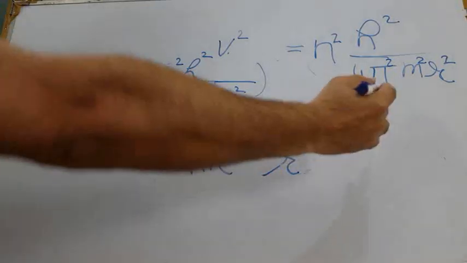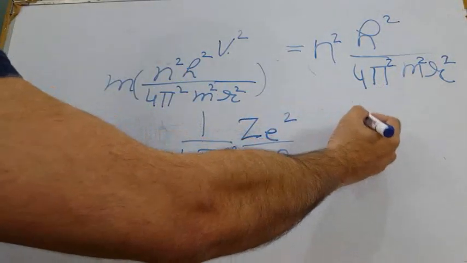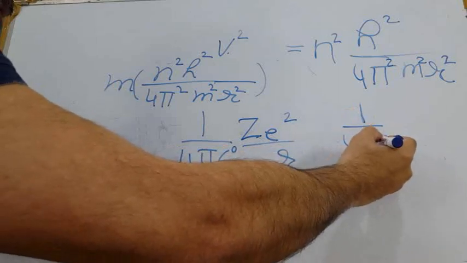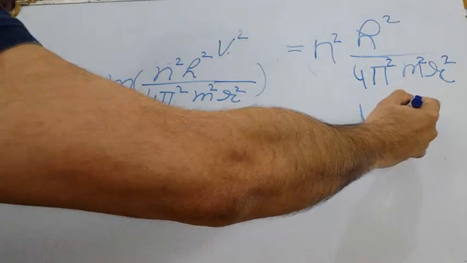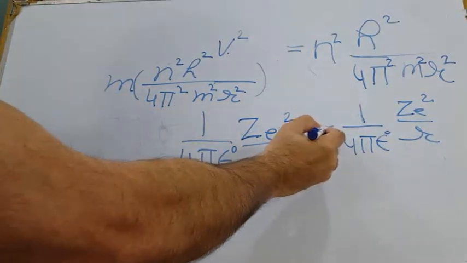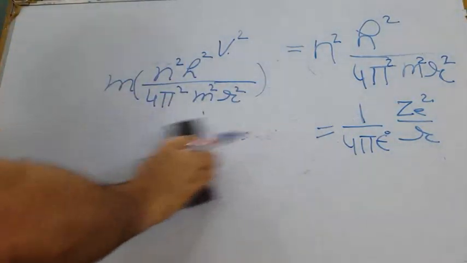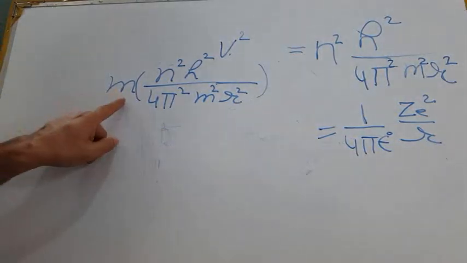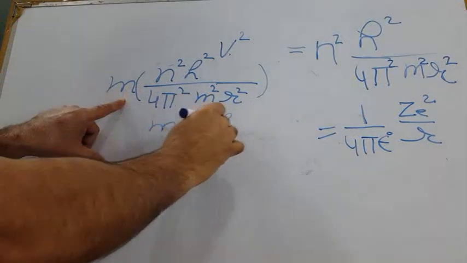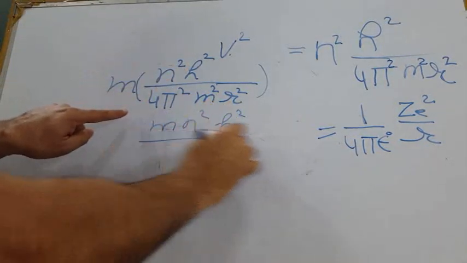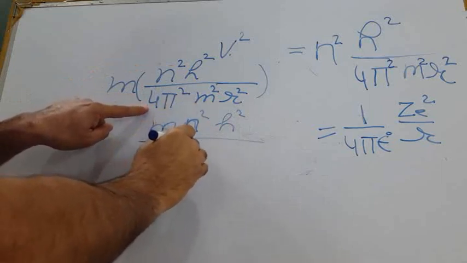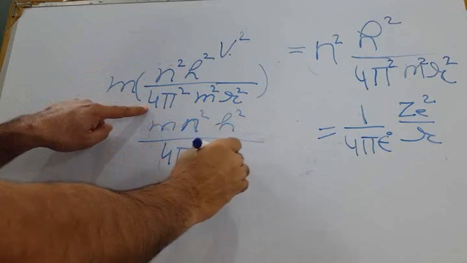I am shifting this equation on this side. Therefore it goes here: 1 upon 4 pi epsilon 0, z e square upon r square, equal to m h square upon 4 pi square m square r square.